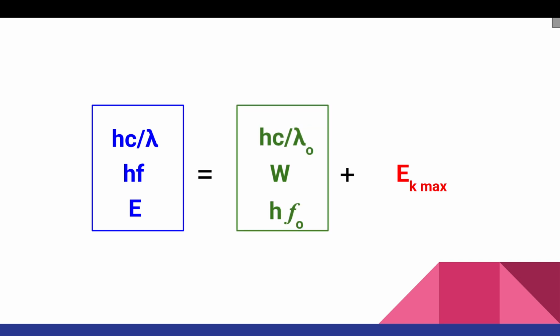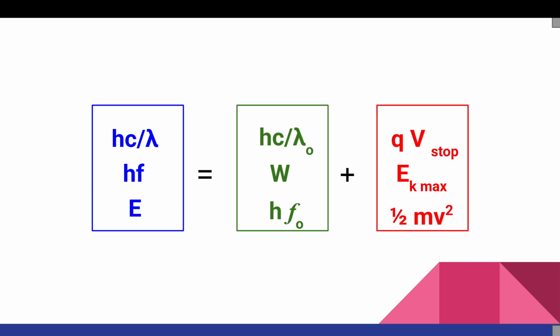I could have you do work function based on just giving you the work function or telling you threshold frequency or threshold wavelength. And finally, EK max, yep, I could do it with QV stop. I could do it with classic 1/2 mv squared. I kind of think of this as a big giant slot machine, and I pull the handle, and I've got to use from each of those boxes the parts that fit the form or the question that I'm doing.